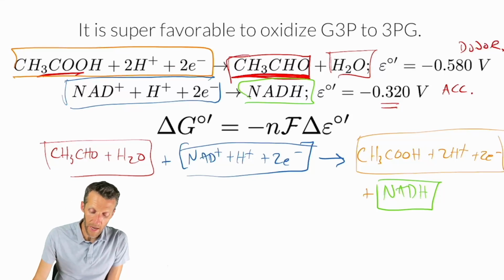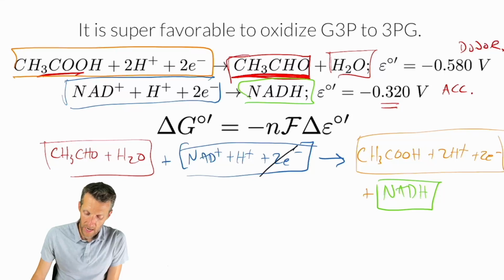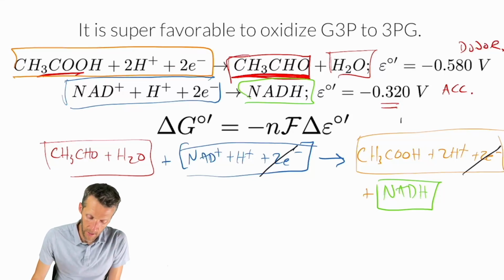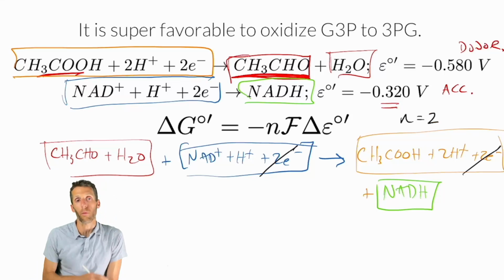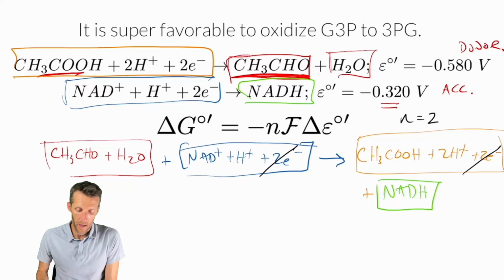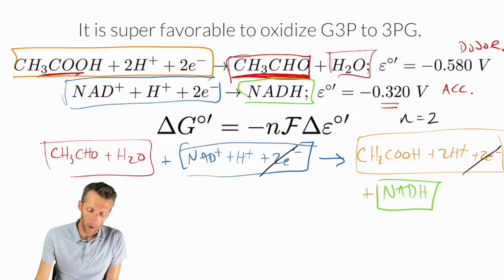We can now ask if the reaction balances, and the way that we can do that is to look for whether we can cancel electrons. And in fact, we can cancel electrons on both sides. What that says is our n equals 2, right? We're moving 2 electrons in this redox reaction. If you look at our equation here, we have 3 terms.